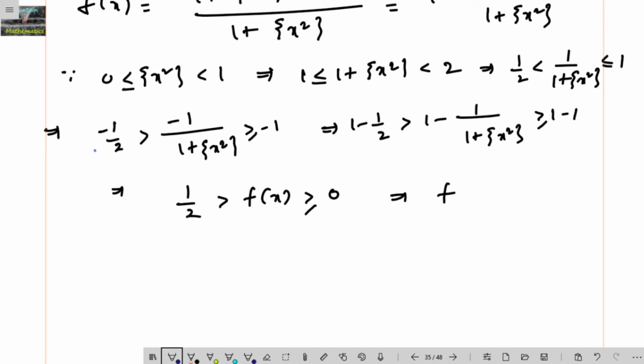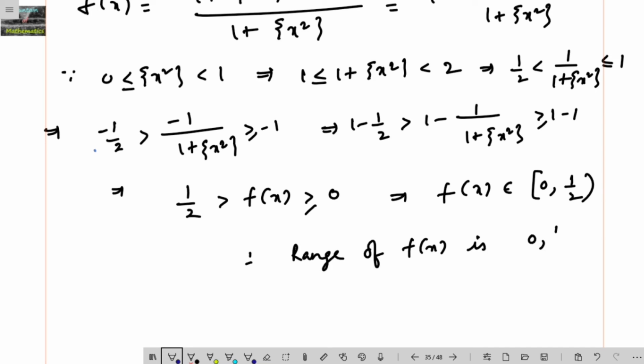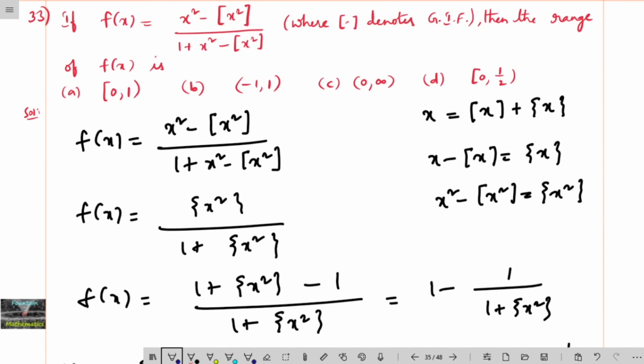So f of x belongs to 0 comma half, where 0 is closed and half is open. Therefore we can say the range of f of x is closed 0 and half open. So we can go with option D, right?